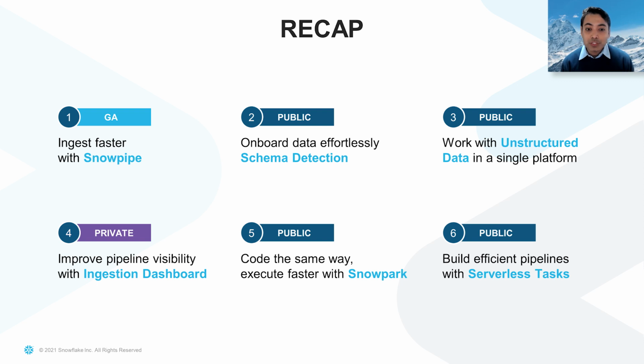The ingestion dashboard with Snowsight now offers greater visibility into your data pipeline. And with Snowpark support for Python, Scala, and Java, you have the maximum flexibility as developers to build the pipeline in the language you already love, taking advantage of the same scalable, governed infrastructure that Snowflake offers. And then serverless tasks make your pipeline much more efficient and easy to manage.